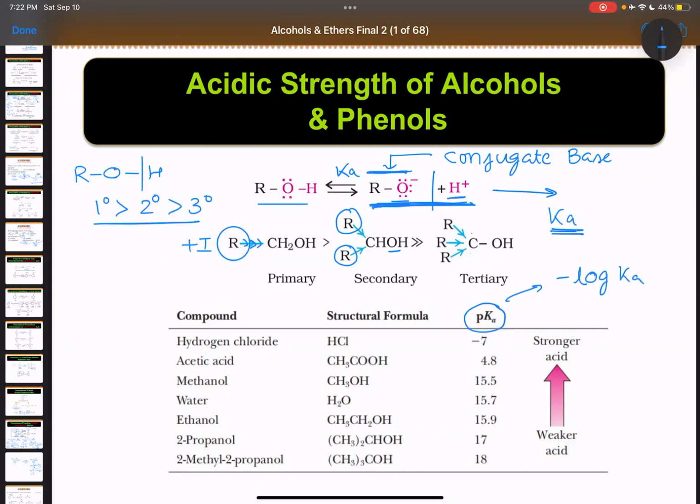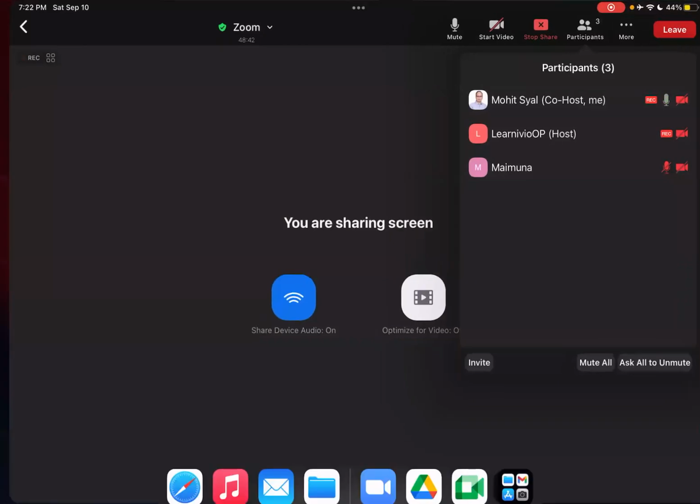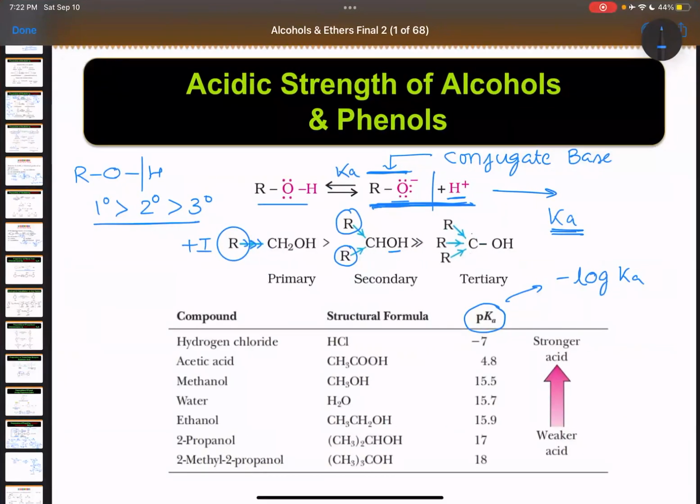So what we did here is that we first of all used log and minus. Because if we put minus, a larger number will become a smaller number. So if it is going to be more acidic, the Ka value is going to be more and more. Is it clear?